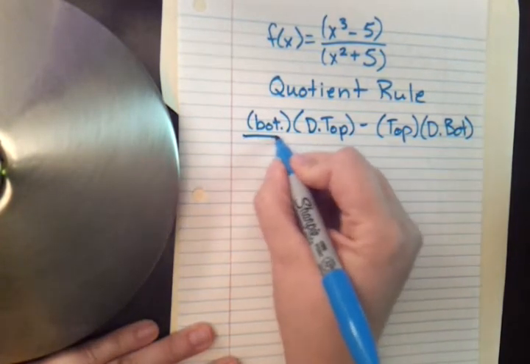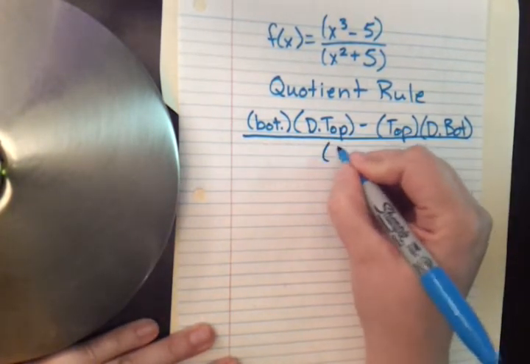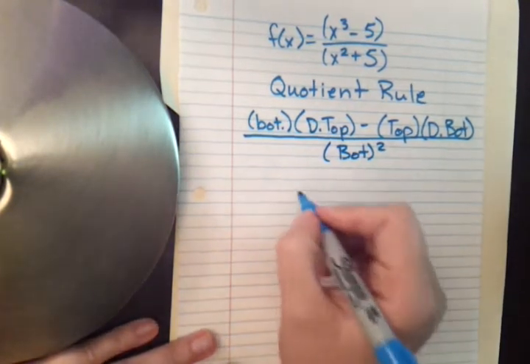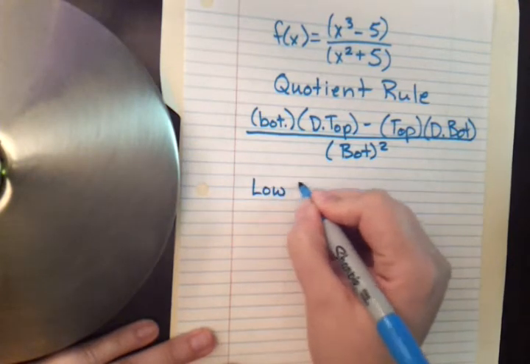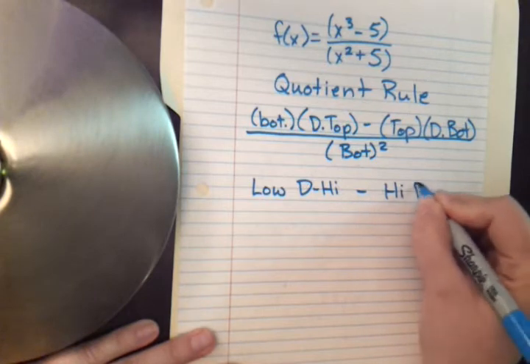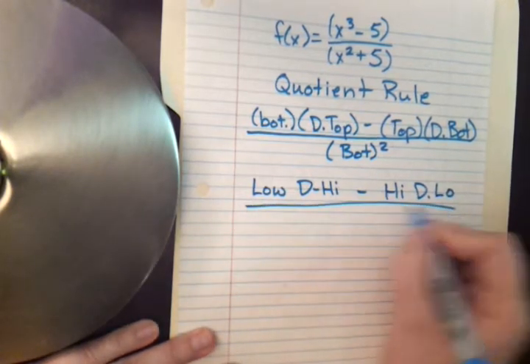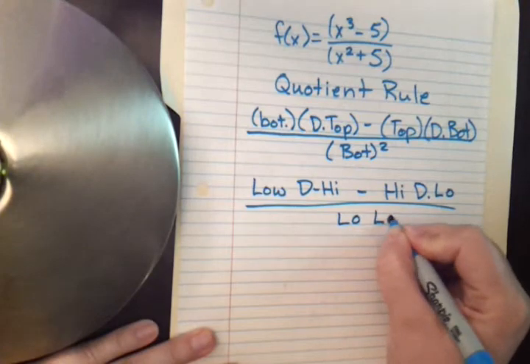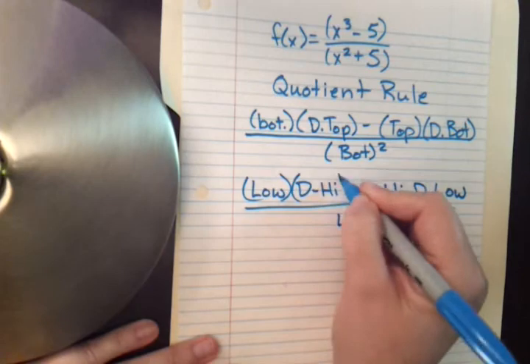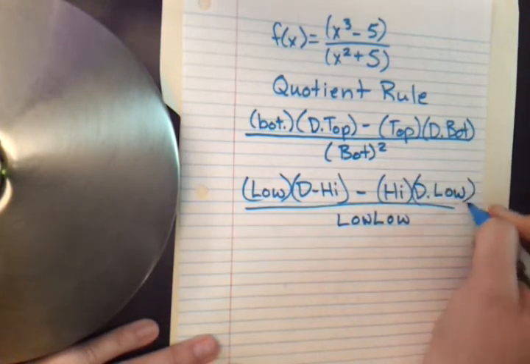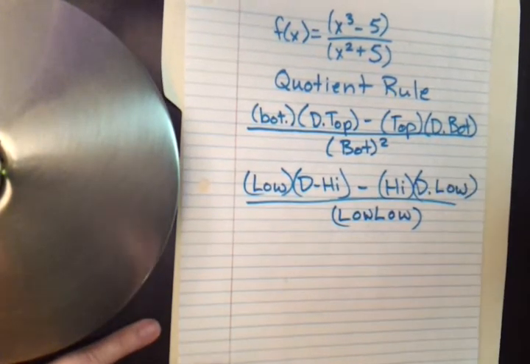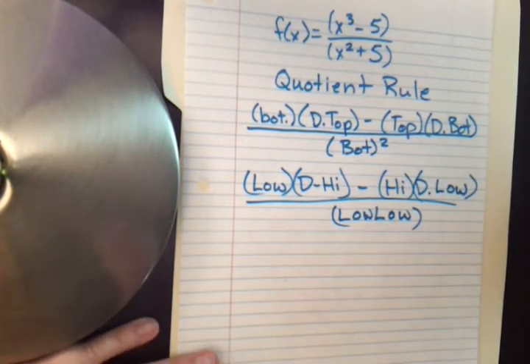And you divide that all by whatever was on the bottom squared. The way that I remember that is low d high minus high d low over low low. I can spell. Okay, so low d high minus high d low over low low. That gives you the bottom times the derivative of the top minus the top times the derivative of the bottom over the bottom squared.